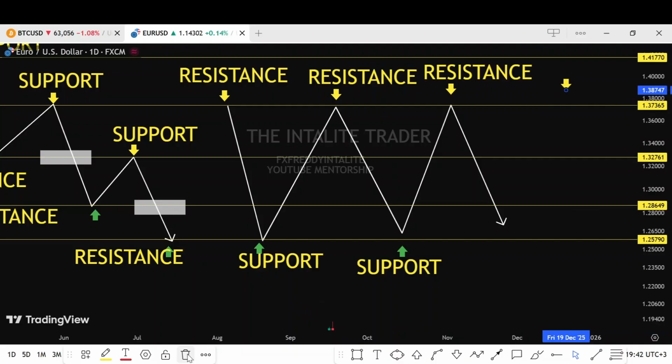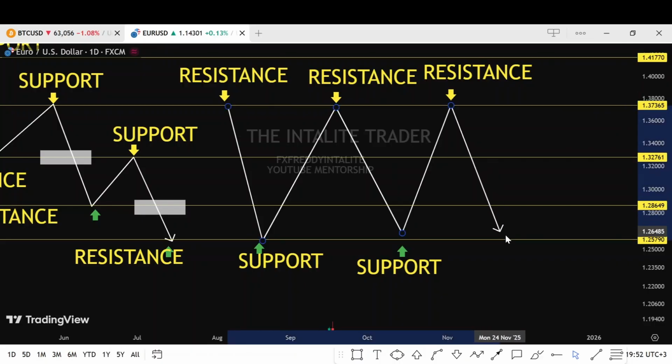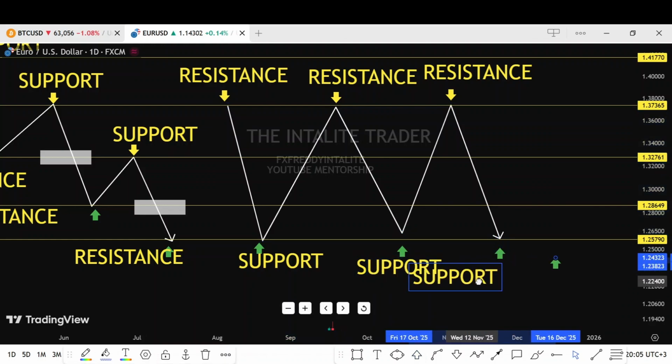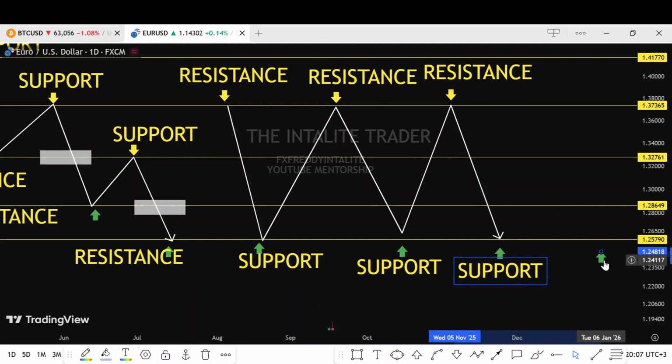If you remember, if you don't remember, go back and watch that video to find out how price moves in a ranging market. So the same thing, price will find support here and it will again push back. This is support. Price finds support and it again trades back.